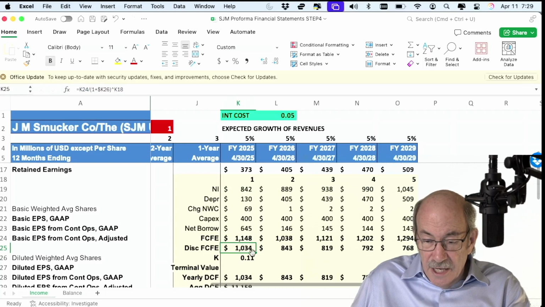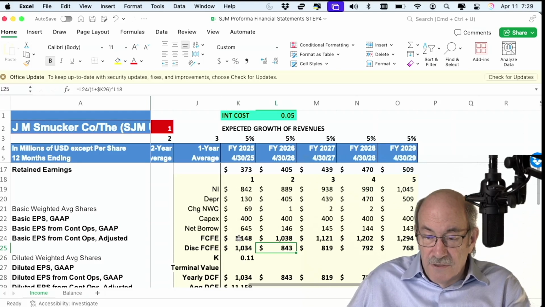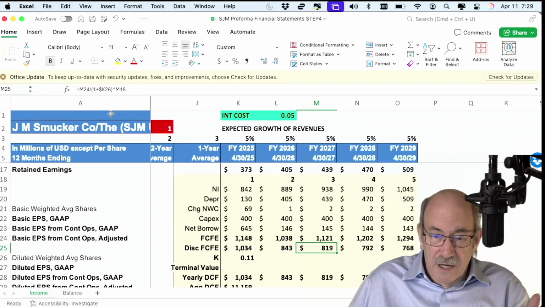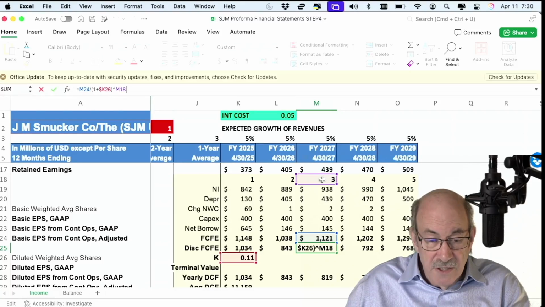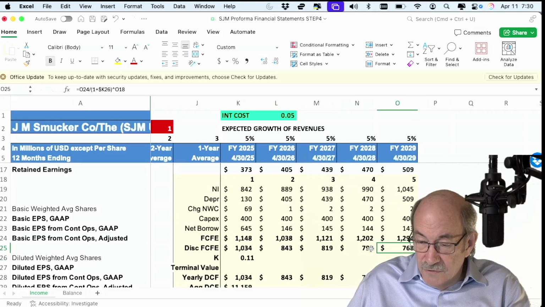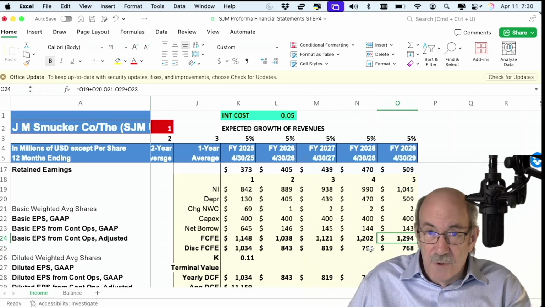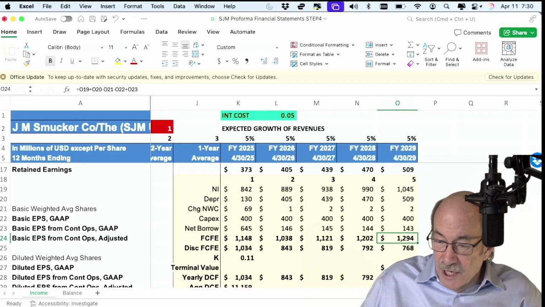And when I do that, I get a value of 1.034 billion. I do a similar thing for the second year, the third year. Obviously, each year I'm discounting back for one additional year, and that's what row 18 is doing for us. And so you'll see it going back down. Present values keep getting smaller and smaller. So even though I have 1.294 billion in free cash flow to equity, I have a present value of only 768 five years out.